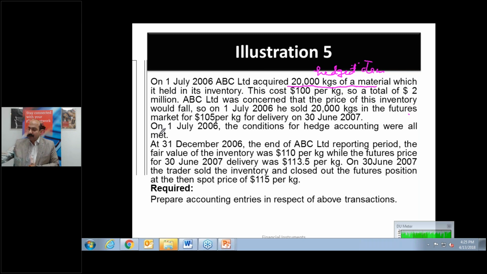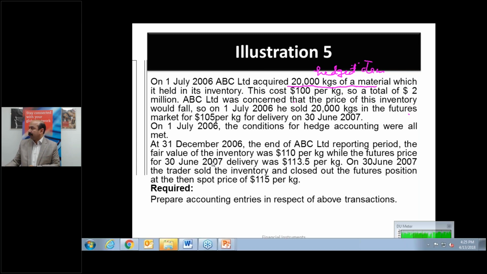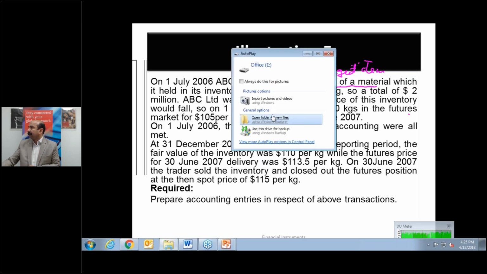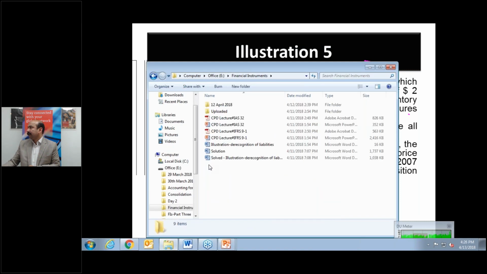Okay, I think I'll have to use some other slides in order to explain this point, because I think I moved very quickly to this area, supposing like we have enough discussion on hedging. We have here, okay, let me check if I have here the folder. No, this is not the folder.